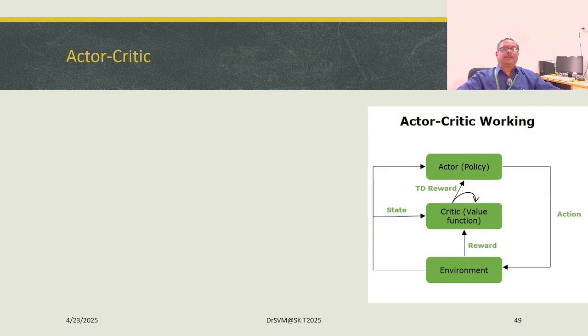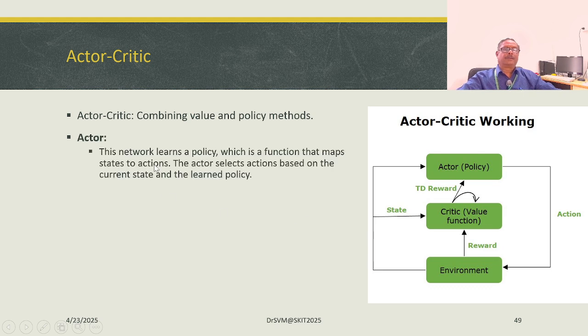The other one is the actor-critic technique. This is a combination of both policy-based as well as value-based methods. In this, the actor is a network that learns a policy. A policy is nothing but a function that maps states to actions.